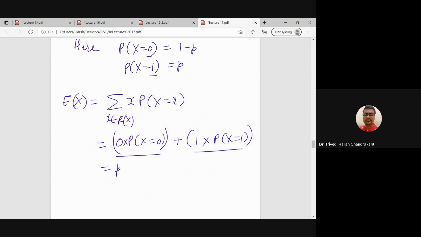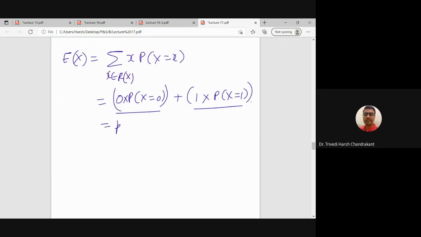So the mean of the Bernoulli trial is p. When we take p as half, that is exactly our discrete uniform case with two outcomes. So now we have mean is p.